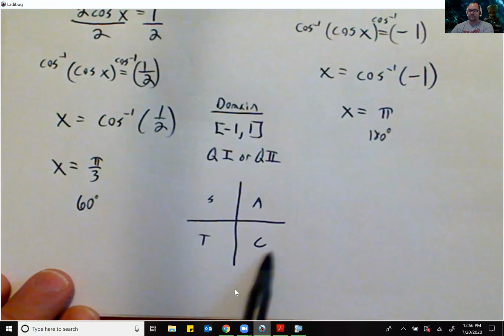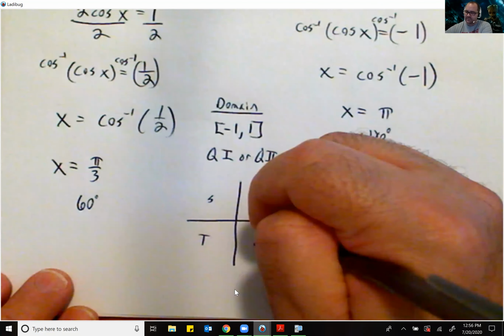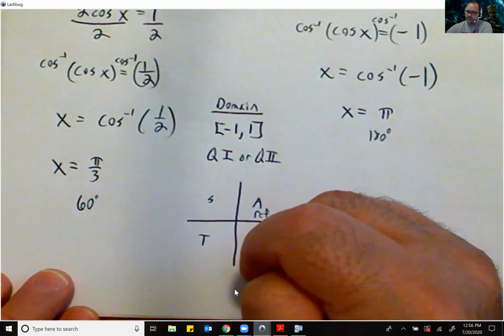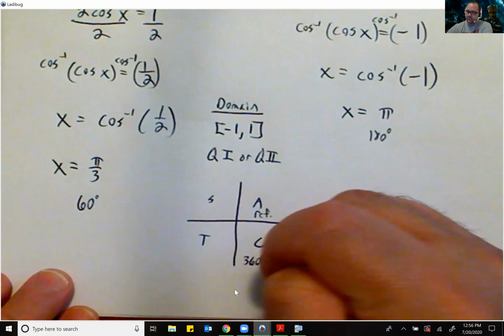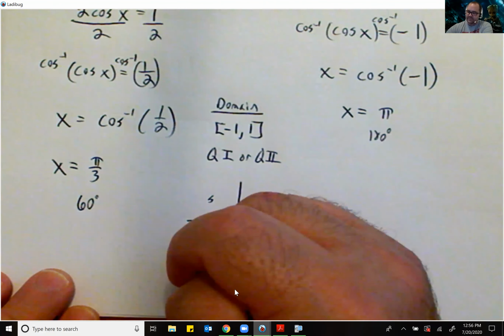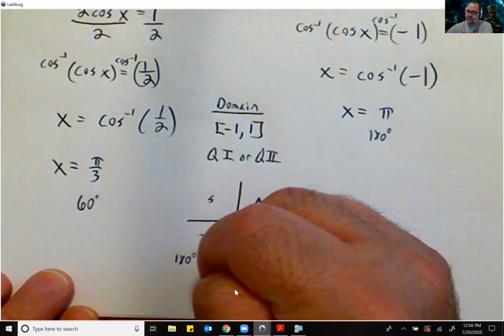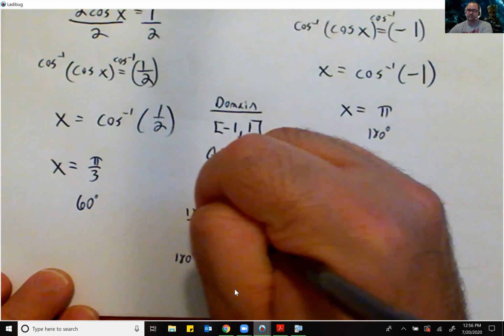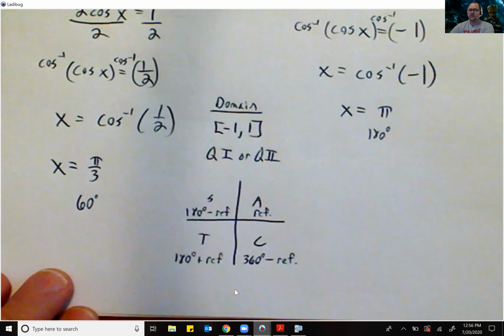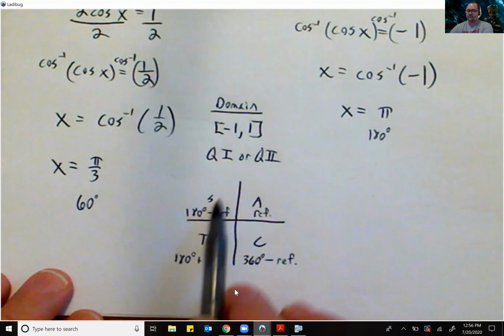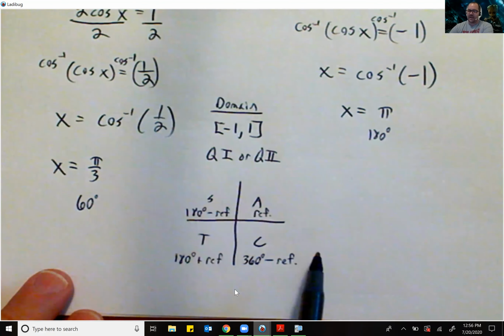Quadrant 4. So again, remember those little things I gave you? This is the reference angle. And here you'll take 360 degrees minus the reference angle. In quadrant 3, you'll take 180 degrees plus the reference angle. In quadrant 2, you'll take 180 degrees minus the reference angle. Sorry, I might have said this was quadrant 4. My bad.